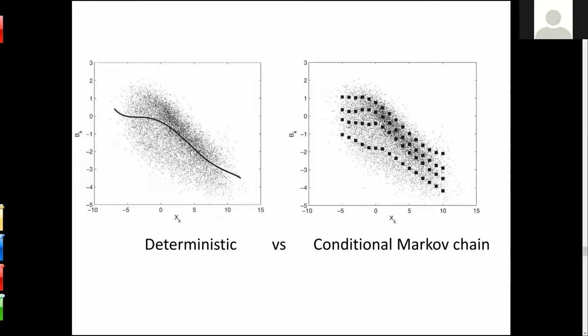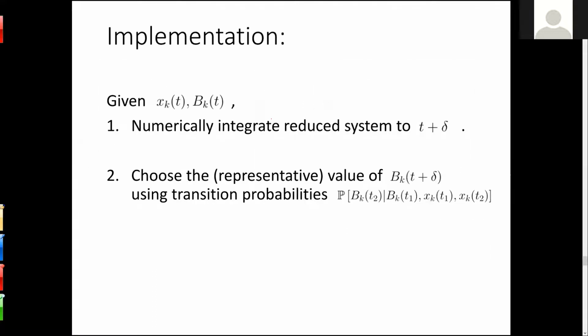The dots here are the representative values for the estimates for the subgrid term. So once a transition happens and moves to that bin, then you use that value for BK for the next time step in numerical integration. That's basically this part.